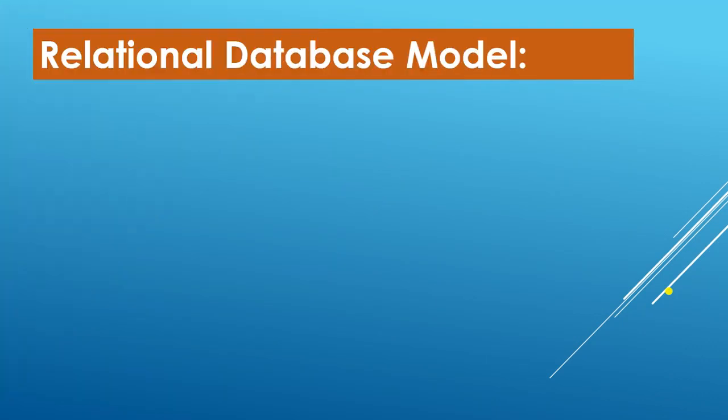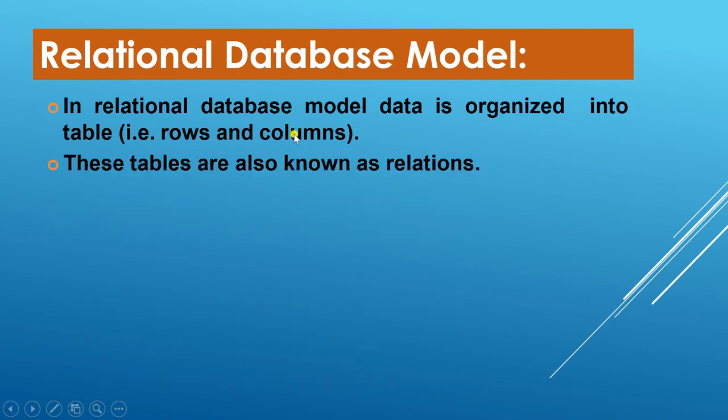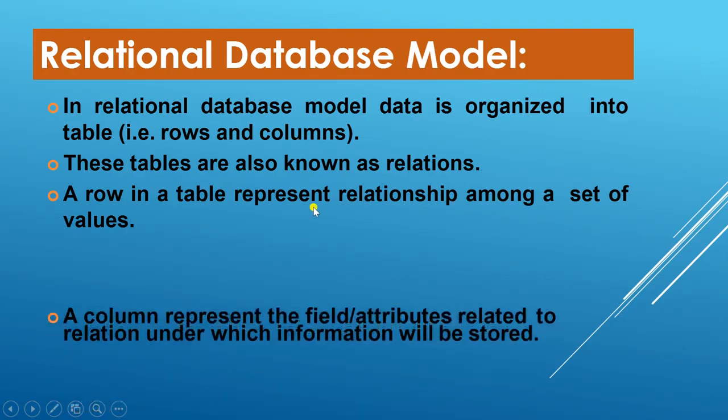Now the relational database model. In the relational database model, data is organized into tables in the form of rows and columns. These tables are known as relations. A row in a table represents a relationship among a set of values.